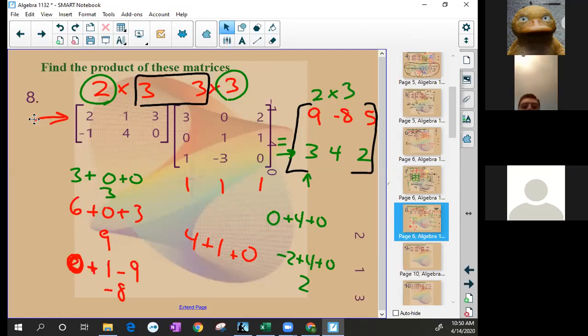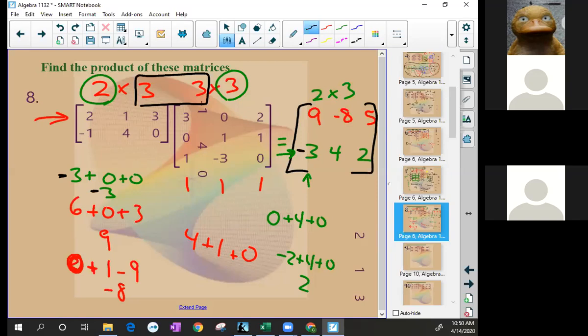Yeah, it is a -3. Yeah, that would be right. Negative, because that would be a negative right here. All right, yep. So I did have one mistake there. So now that is correct.